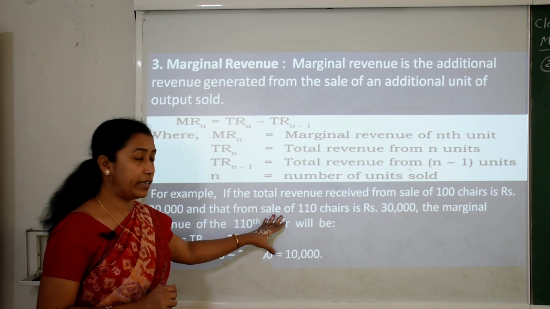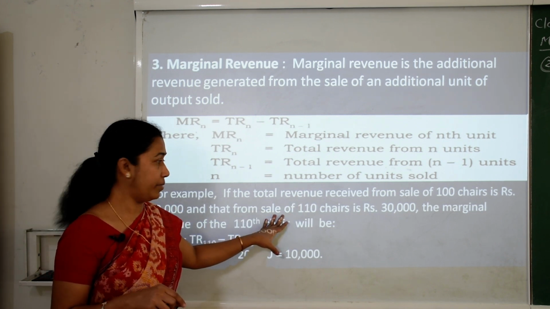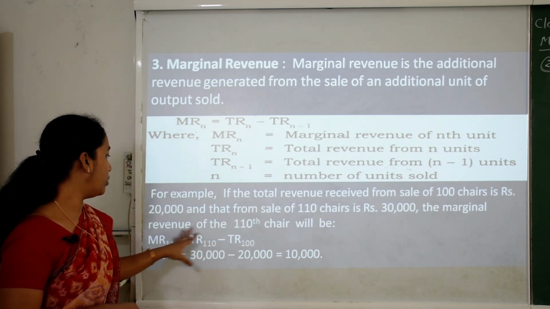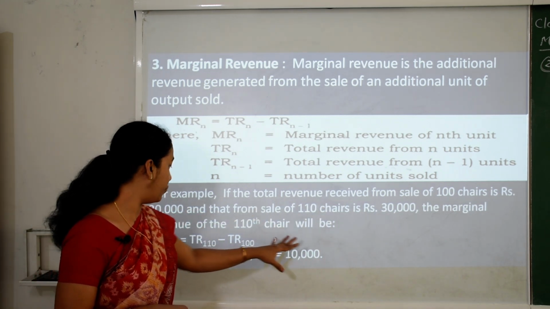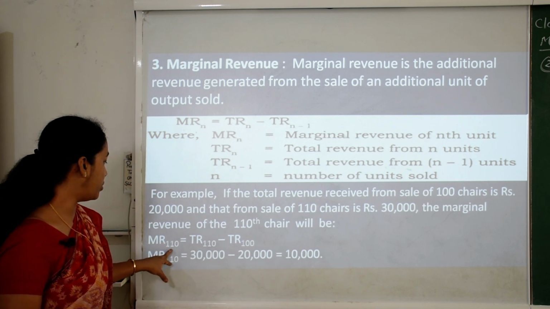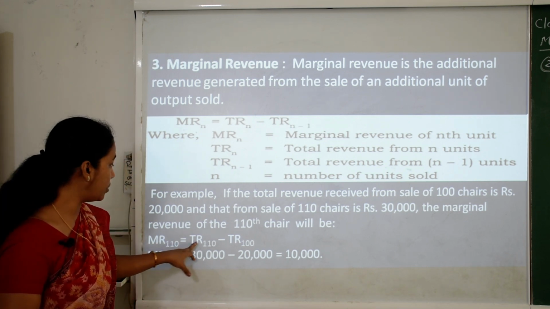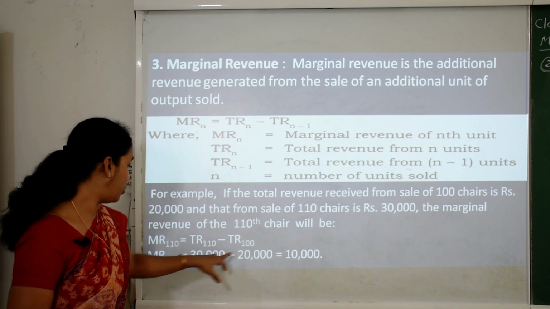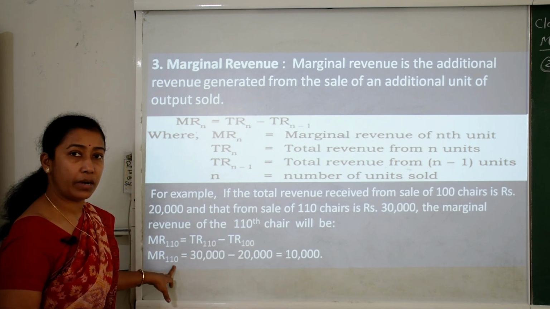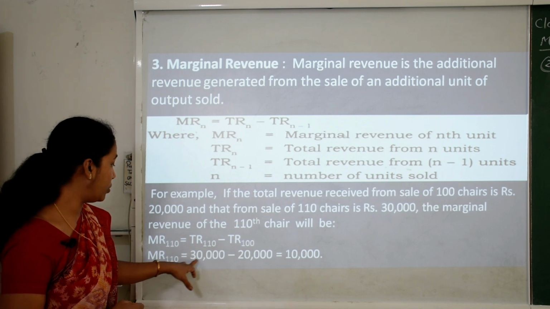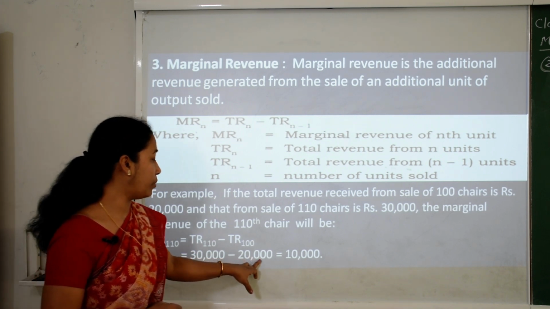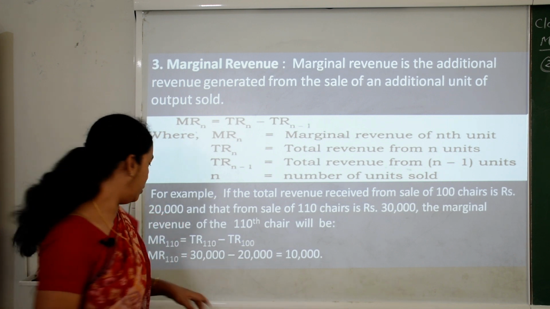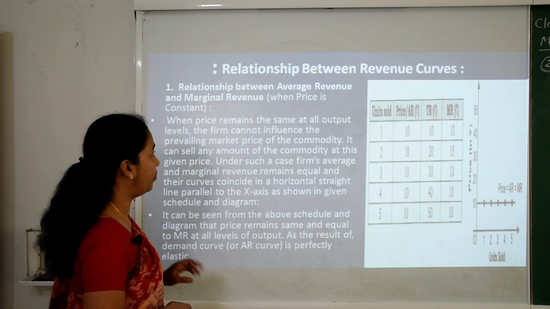The marginal revenue of the 110th chair will be marginal revenue of 110th chair is equal to total revenue of 110 minus total revenue of 100. So, it is 30,000 minus 20,000, that is 10,000 we will receive. This is marginal revenue, and this way we can calculate it.